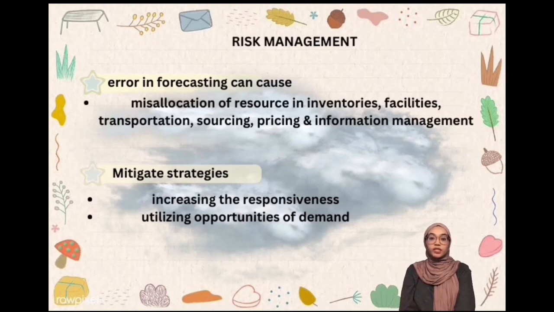Rather than focusing solely on minimizing the negative impacts of forecast errors, this strategy involves capitalizing on opportunities that arise from variations in demand. By actively identifying and exploiting positive deviations from forecasts, organizations can turn unpredictability into a strategic advantage.